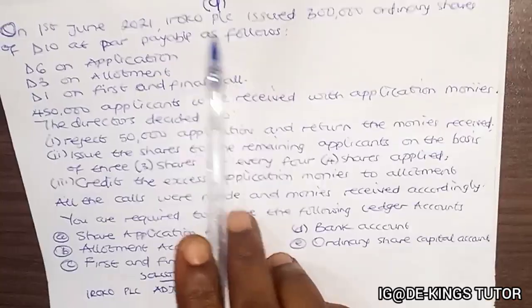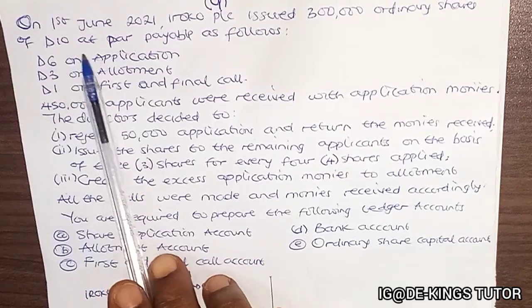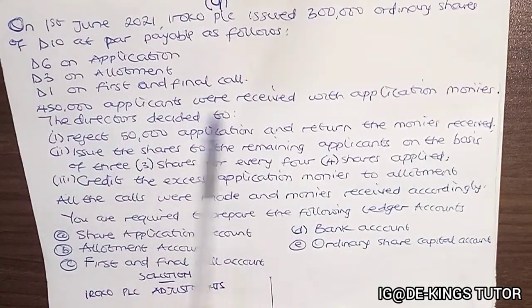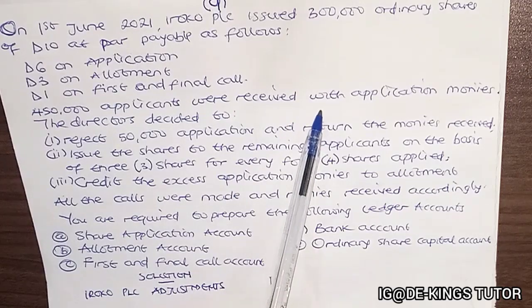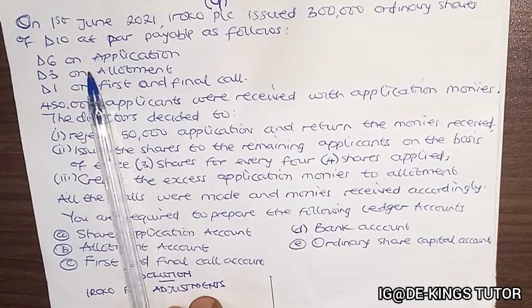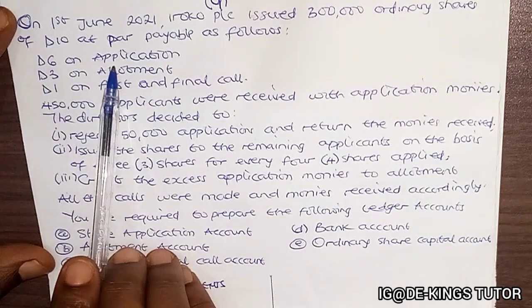Okay, so they said they issued 300,000 ordinary shares at $10 payable by installments, but 450,000 applications were received with application money. So we're going to get the application money that was paid and received. It is $6 that is paid on application.